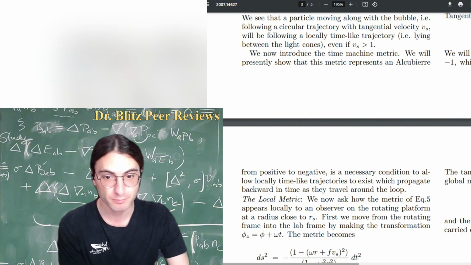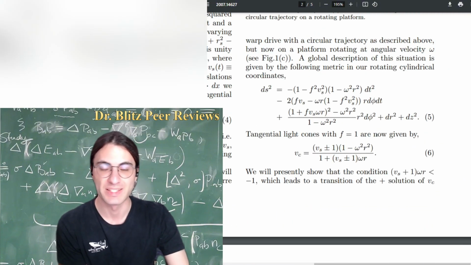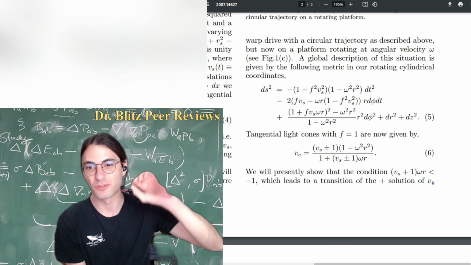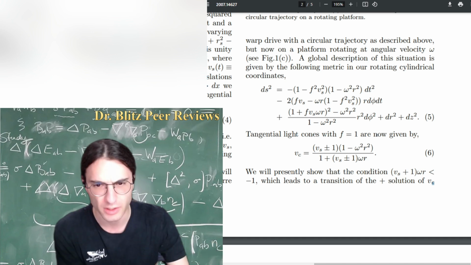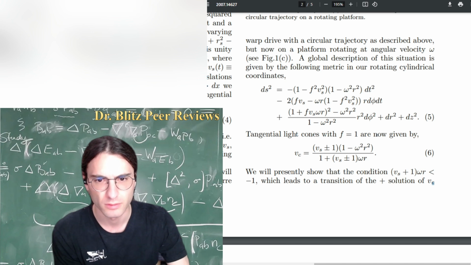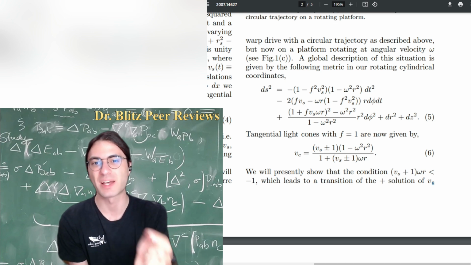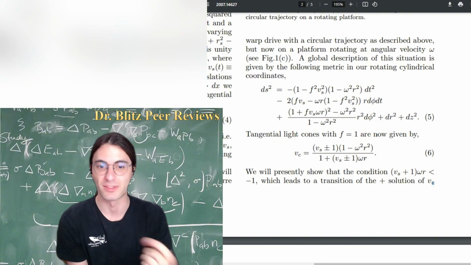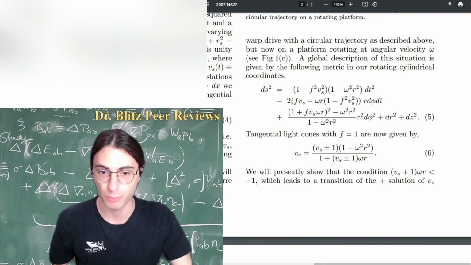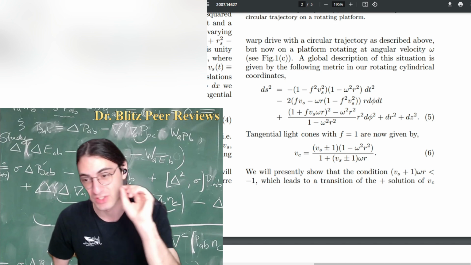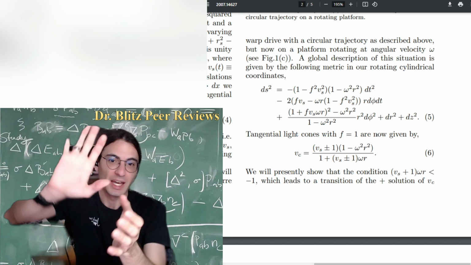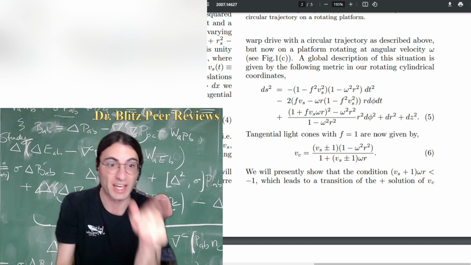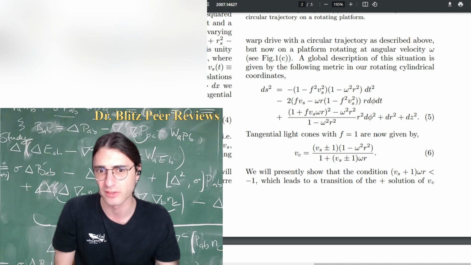So, what they're going to say is that if you're moving fast enough, and v sub s is negative, or omega is negative, and this product gets to be less than 1, then eventually you actually start moving backward in time. So imagine the space-time is rotating backwards, you're moving forwards, and you'll be able to kind of catch up to your past self in some sense, I guess.